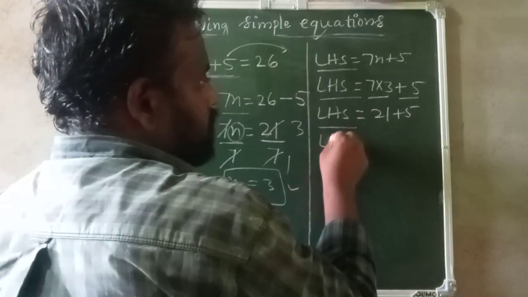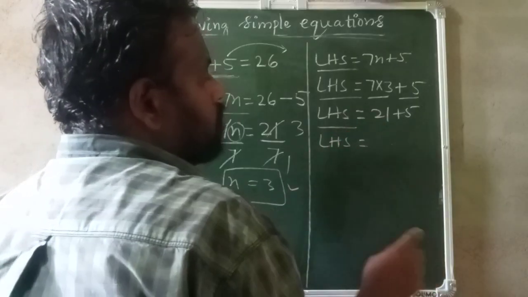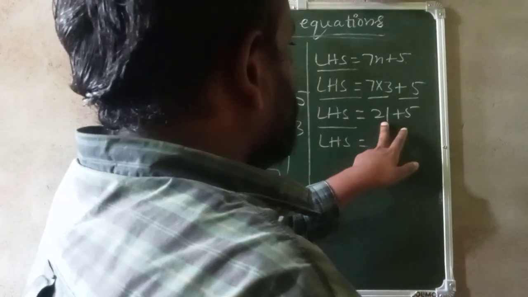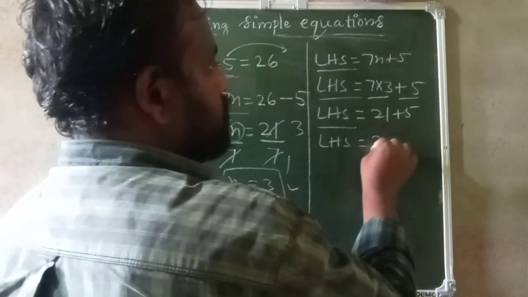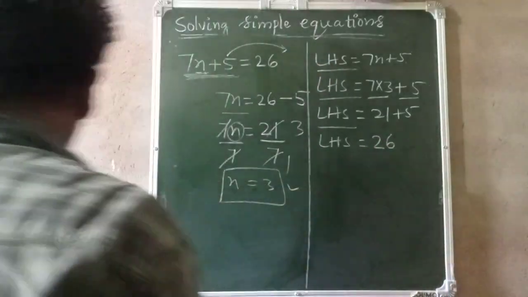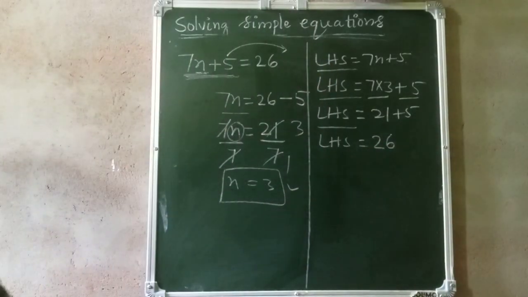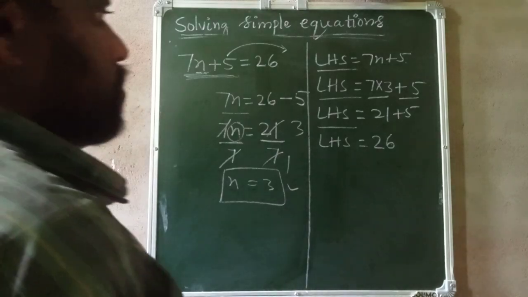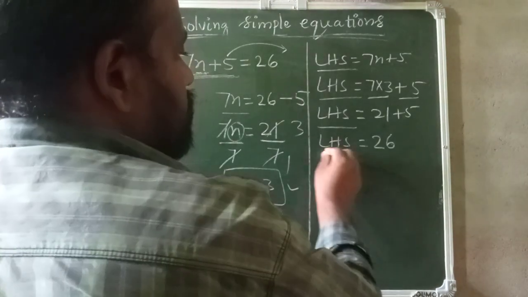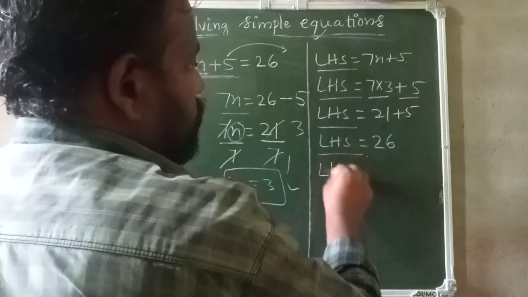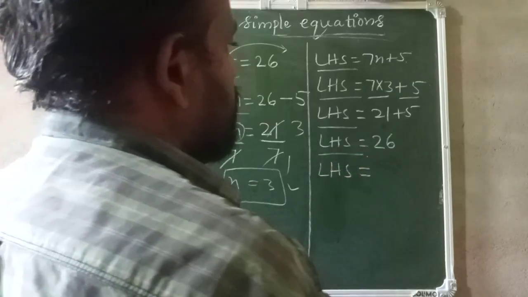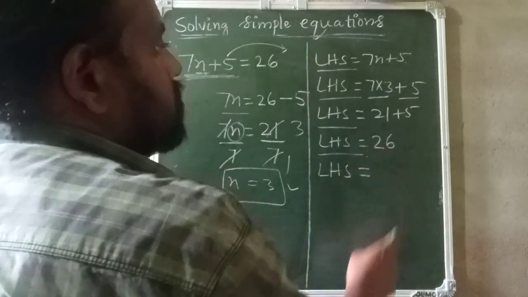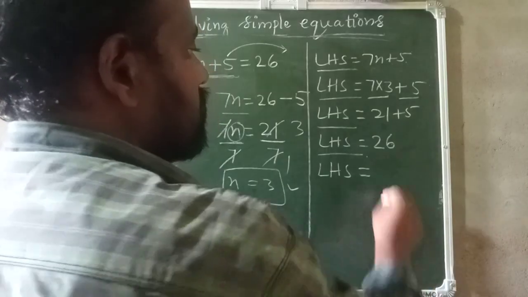So LHS is equal to 21 plus 5 is 26. So you have to write LHS is equal to 26. This 26 is what? RHS.